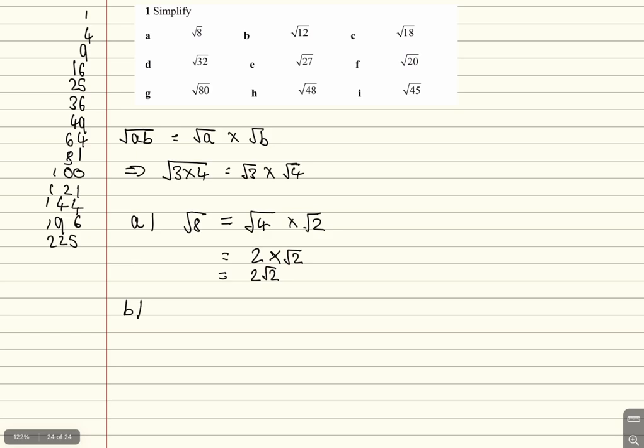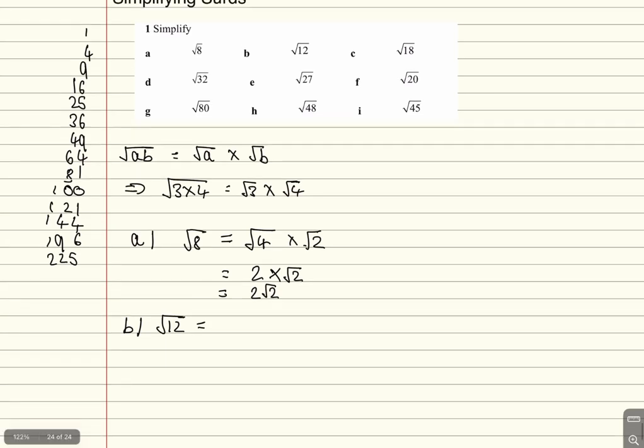Part B, we have the square root of 12. Again, we look at our square numbers. The square number less than 12 is 9. Is 9 a factor of 12? It isn't, because it doesn't go in as a whole, there's a remainder.